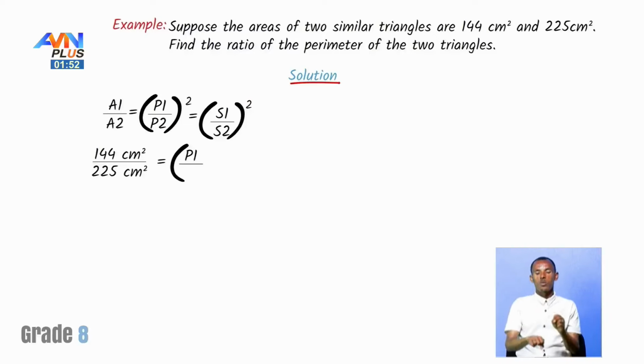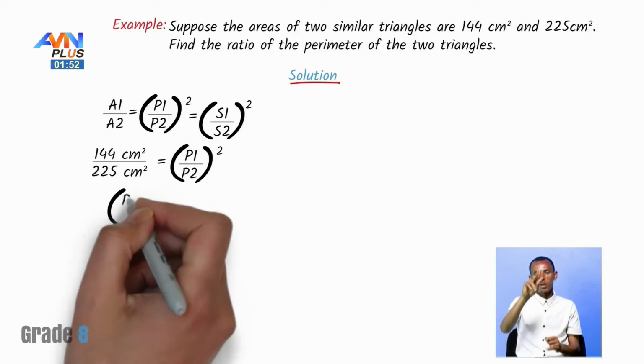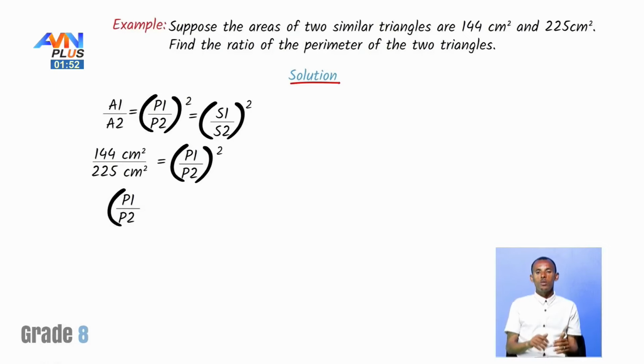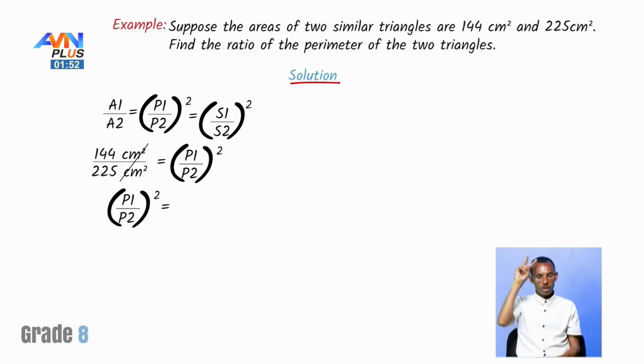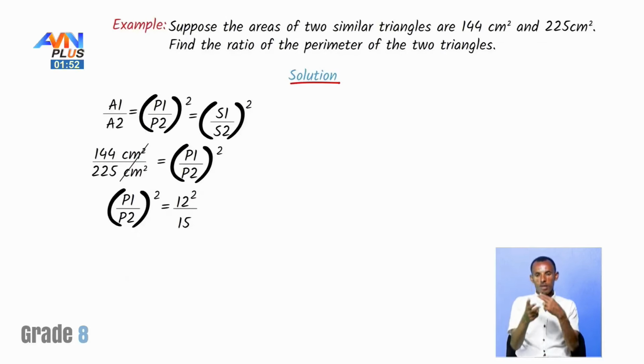So P1 by P2 the whole square is the same as 144 over 225. 144 is a perfect square, you can write it as 12 square, and 225 is also a perfect square, which is 15 times 15 or 15 square. So this is the same as 12 by 15 the whole square.